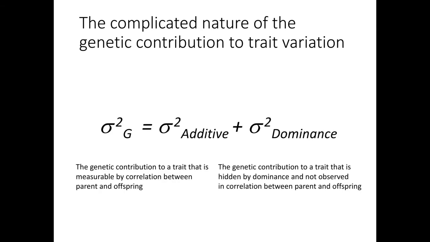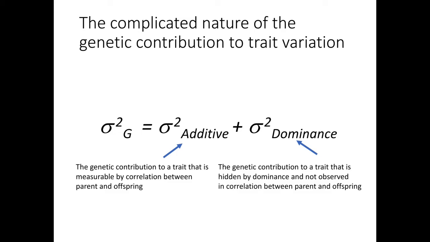One can say that the phenotypic component due to genetics can be due to two components: one is called the additive component, and the other is called the dominance component. The additive component is the genetic contribution to a trait that is measurable by the correlation between parent and offspring.